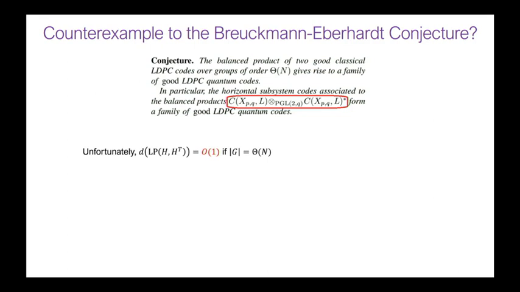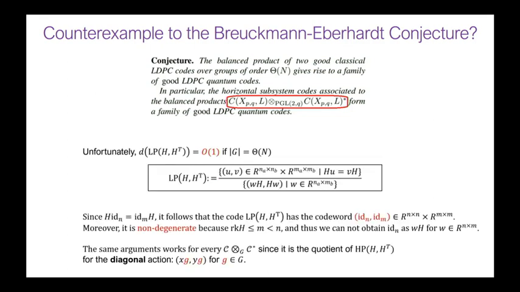The problem is that when you apply this construction to the same matrix, you can obtain a very simple counterexample. This counterexample can be seen from this new formulation of hypergraph product codes and lifted product codes.